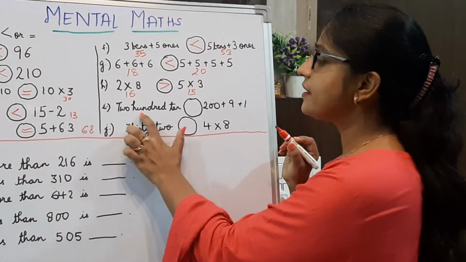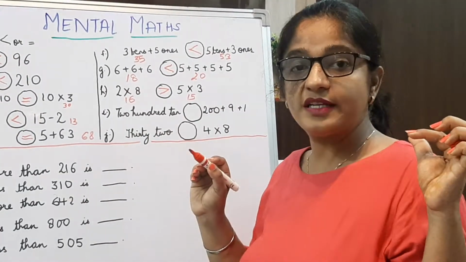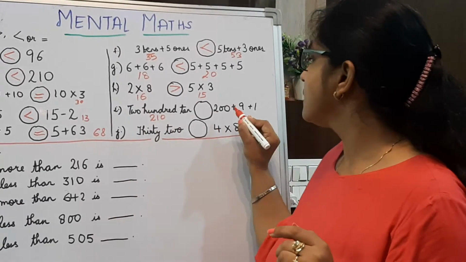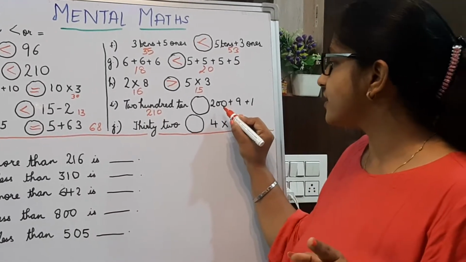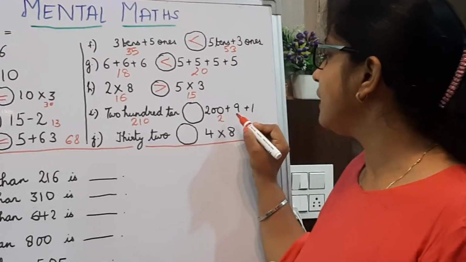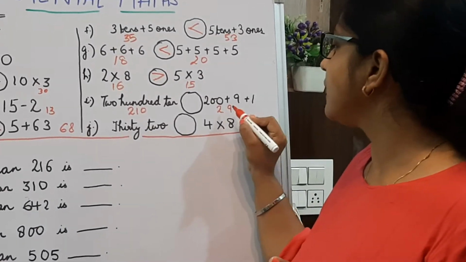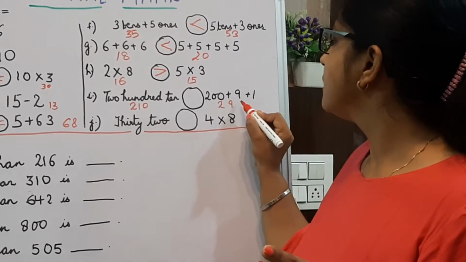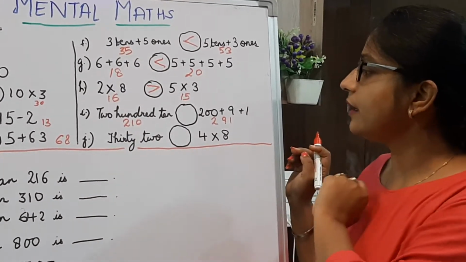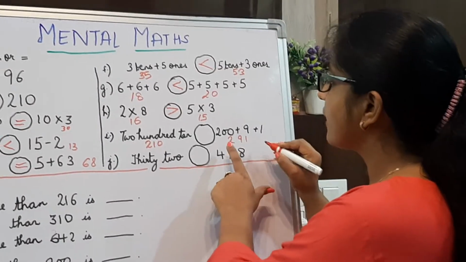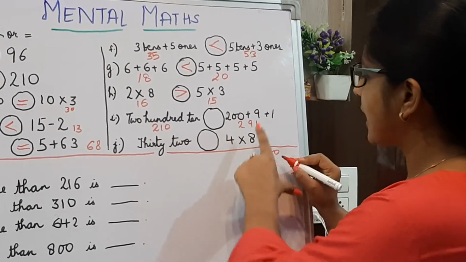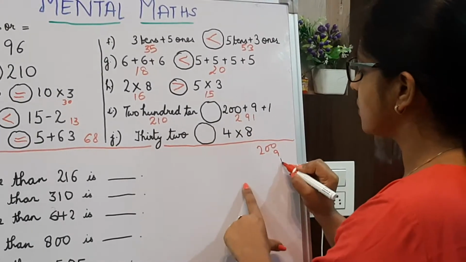Now this is 210 written in number names, so convert it into the numeral. This is 200 in the hundreds place, and 9 is in the ones place, and 1 is also in the ones place.